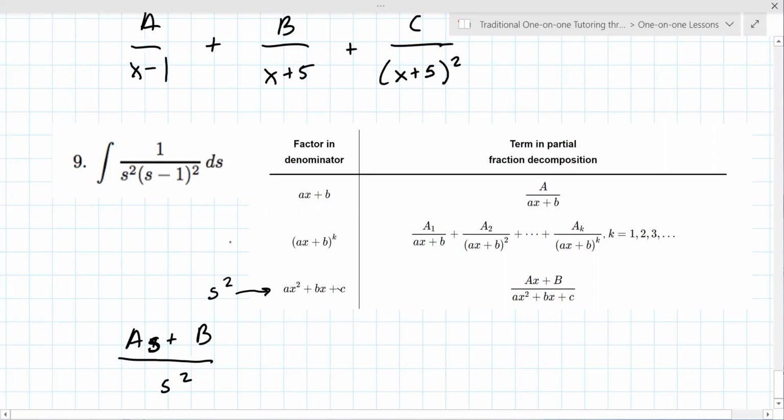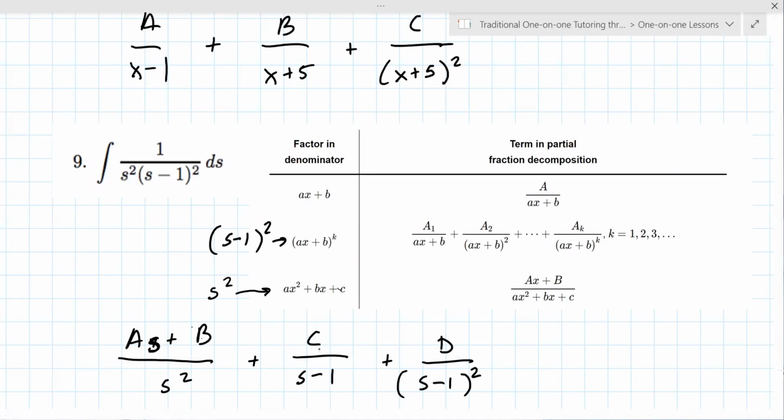And then your s minus 1 squared is like this one. So that means you would do C over s minus 1 plus D over s minus 1 squared. And I mentioned this earlier, every letter tells you the size of the system. So this is 4 equations and 4 unknowns. There's no way you're doing that by hand.